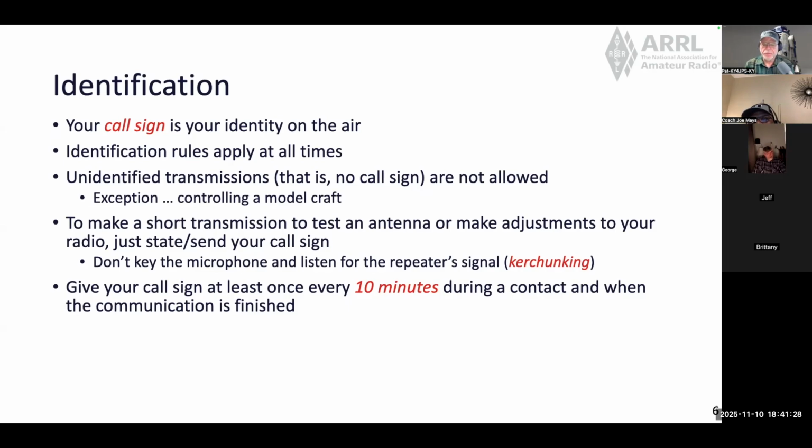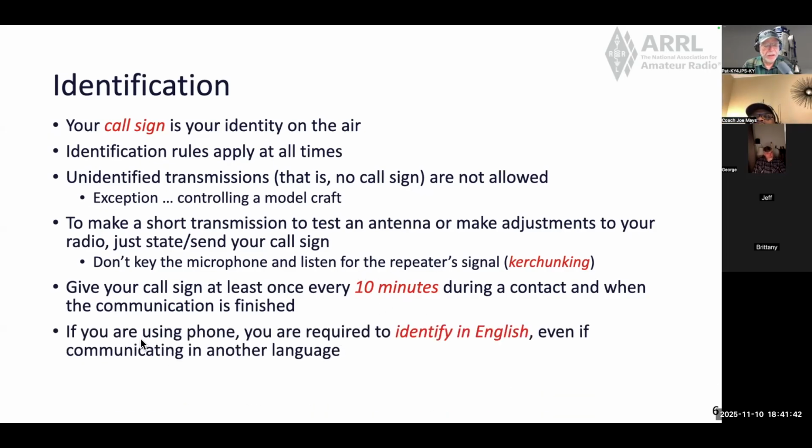You press the button, and then every 10 minutes, it's going to beep or make some kind of little noise, and that cues you to go ahead and give your call sign out. So every 10 minutes, again, it's in red, so you're going to get a question on that. If you're using a phone or your voice, you're required to identify in English, even if communicating in another language.